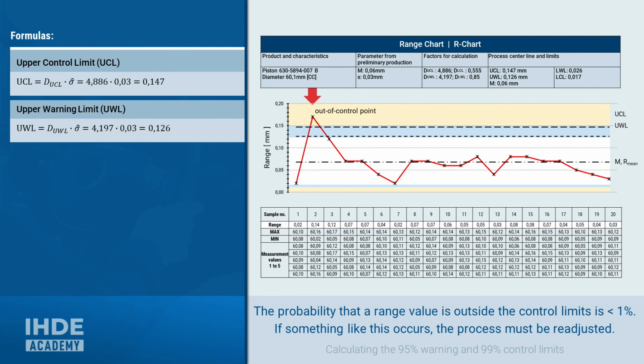For the reasons just explained, the lower limits have been removed in this control chart. The probability that the range of a sample exceeds the upper control limit is less than 1%. When such a rare event occurs, it is an indication that the process may be out of control. The cause must be identified and the process readjusted if necessary in order to reduce the spread again.